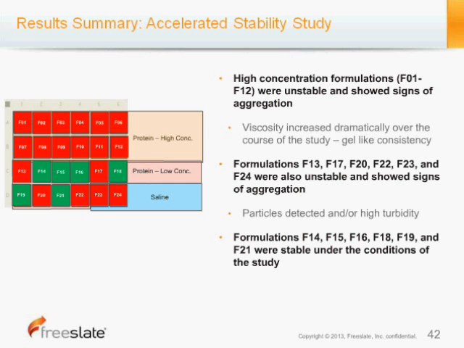And then there are formulations in the green, which were F14, F15, F16, F18, F19, and F21, and those clearly looked very, very good. They didn't show any signs of aggregation. The viscosities were within range, and so these formulations I labeled green because these look like they were the good formulations and that they were stable under the conditions of the study.